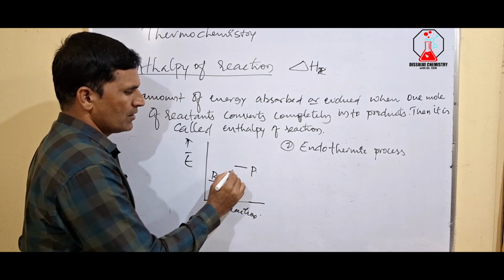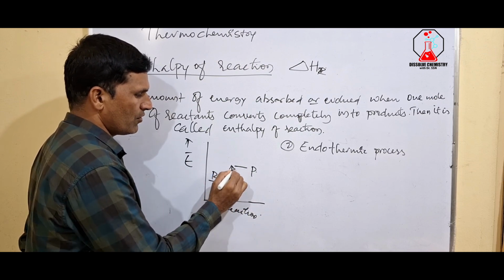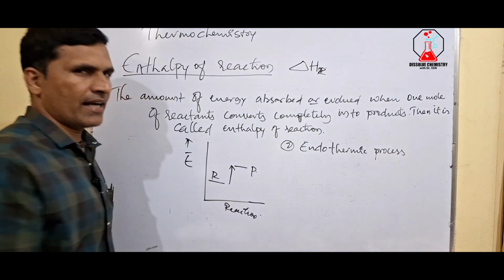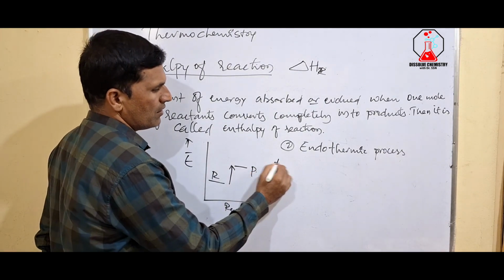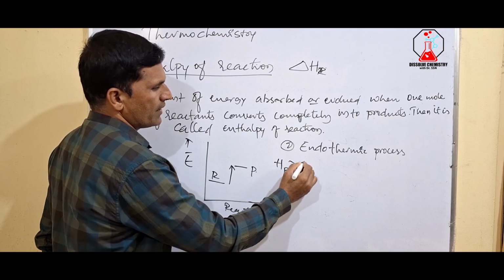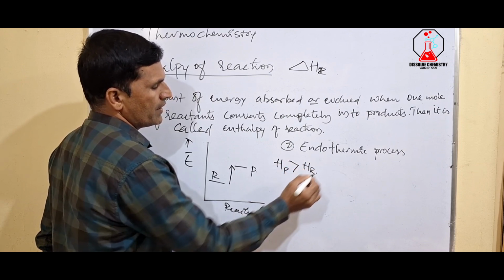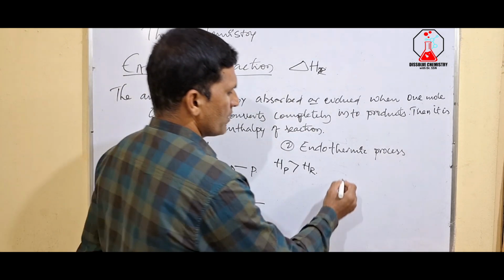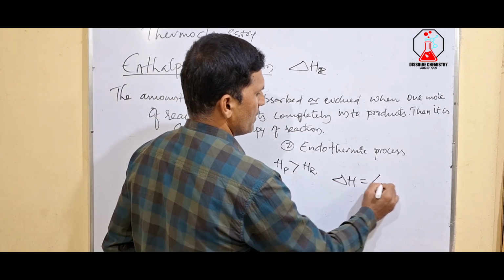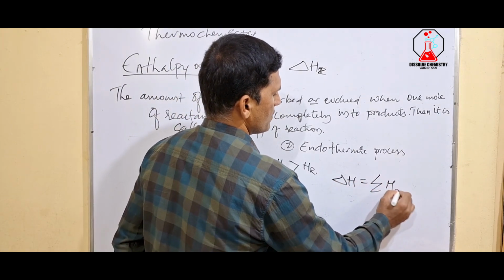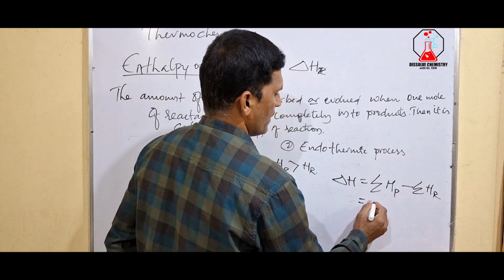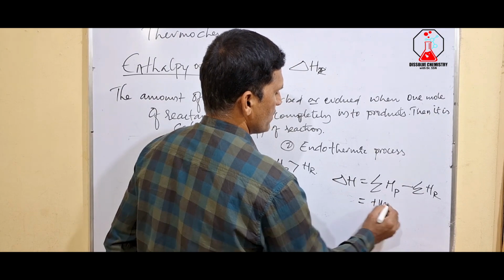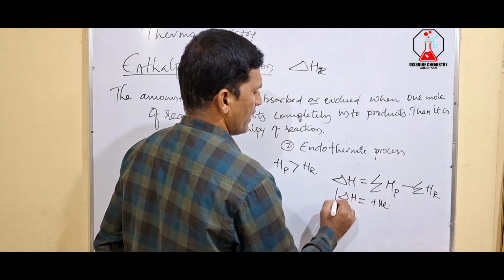So this gap is the difference in energy between reactants and products. Now you see the enthalpy of the product is greater than the enthalpy of the reactant. So when you substitute in the change in enthalpy, the sum of enthalpies of the products minus the sum of enthalpies of the reactants, you will get a positive value for delta H.